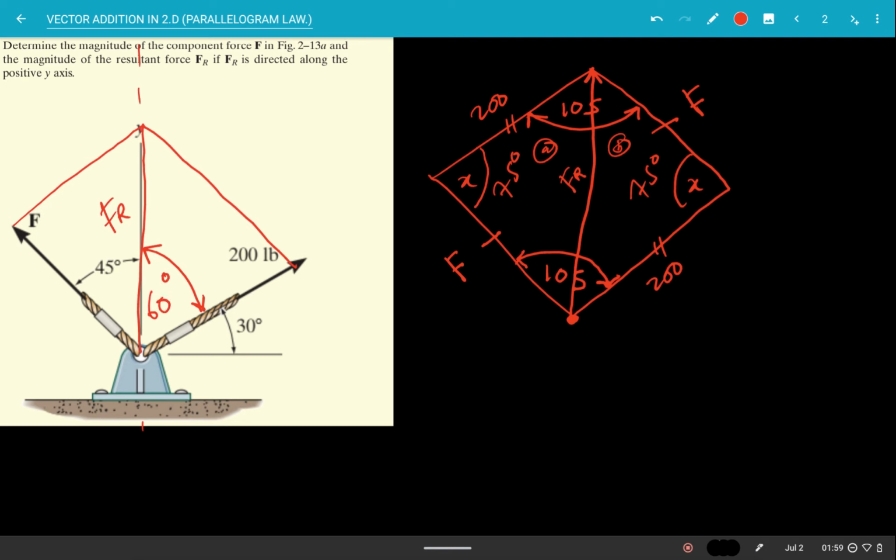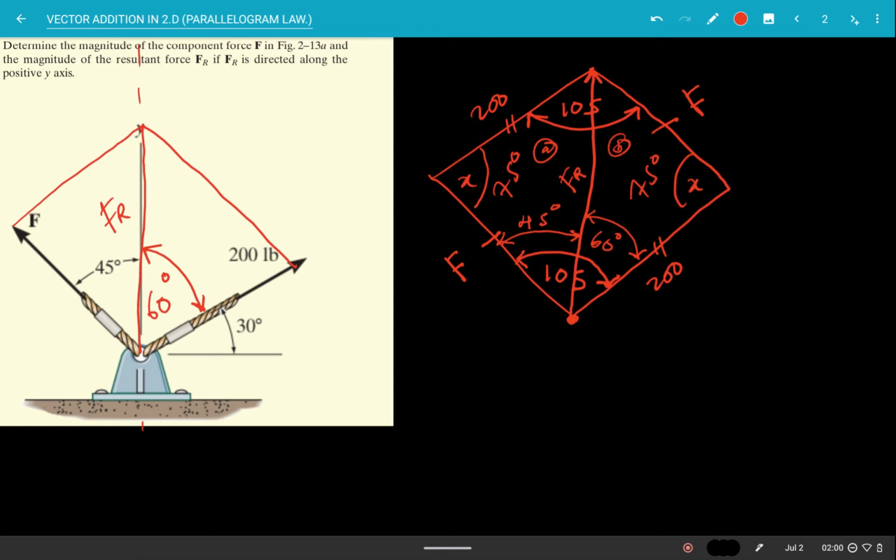So we have angles that can help us to determine the sides that we want to find. For instance, we have the angle there, which is 45 degrees. And we also have the angle there, which is 60 degrees. So if I pick A or B, I will end up finding one of the missing sides.